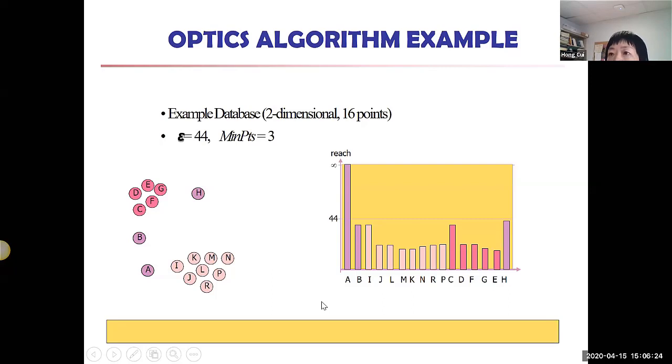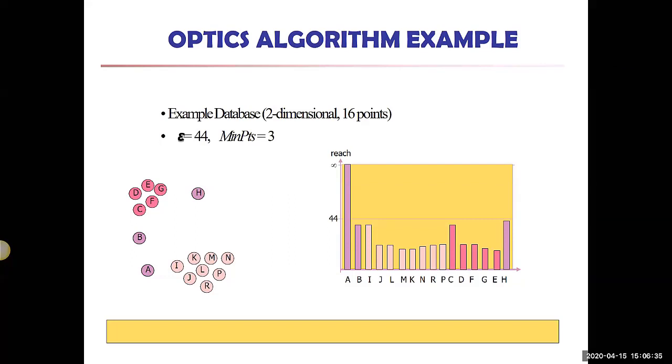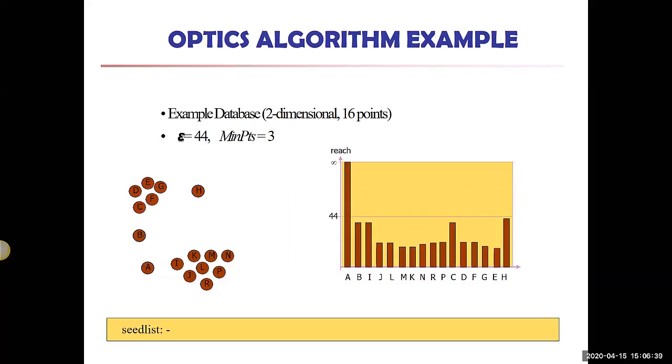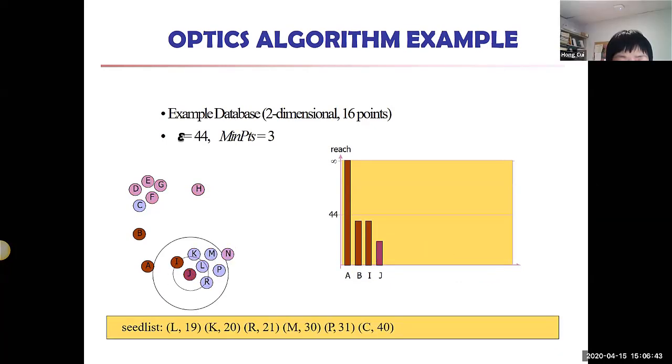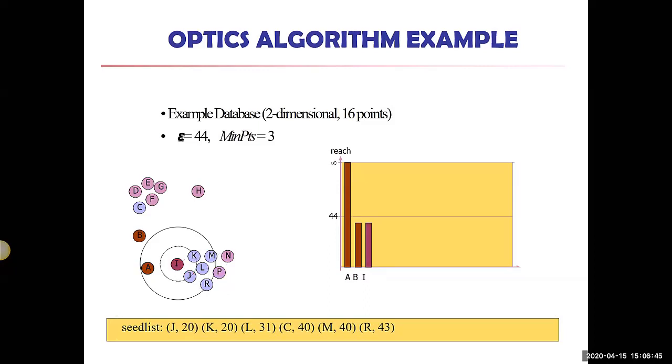Okay, do I have questions on the OPTICS algorithm or how this reachability distance graph is plotted? I had a question. On the previous couple of slides where we had I as the center, why did we reduce our core distance? Why isn't it the same?